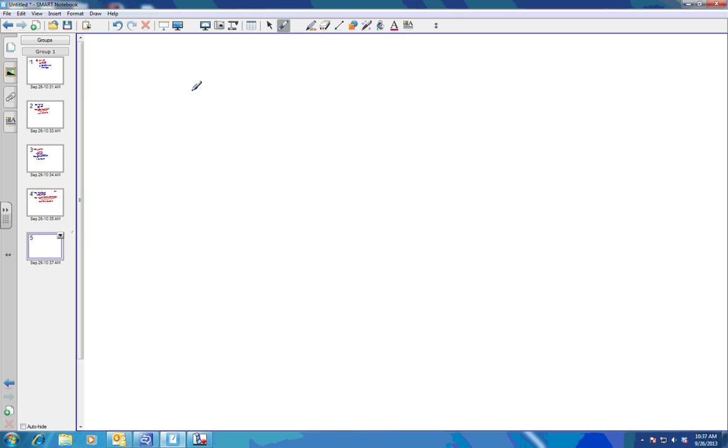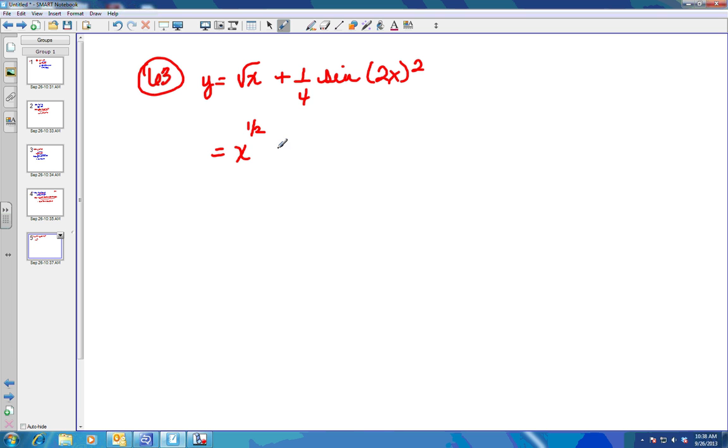63. Y equals the square root of x plus 1/4 sine 2x quantity squared. So first I'm going to rewrite this problem so that I can find the derivative. This is going to be x to the 1/2.